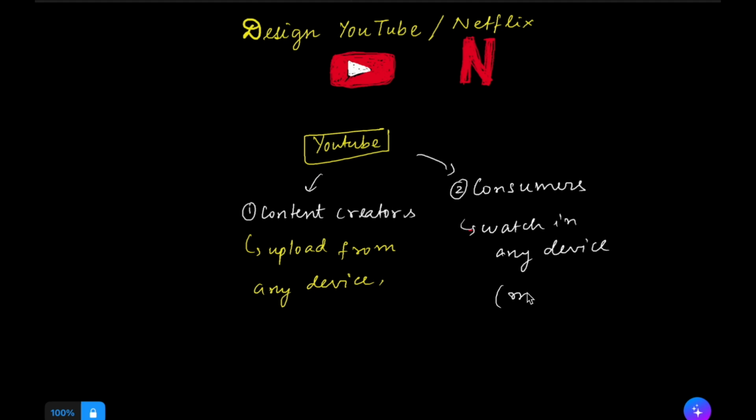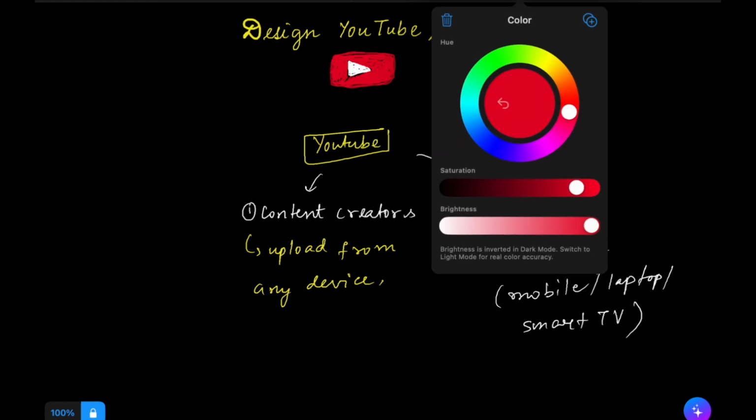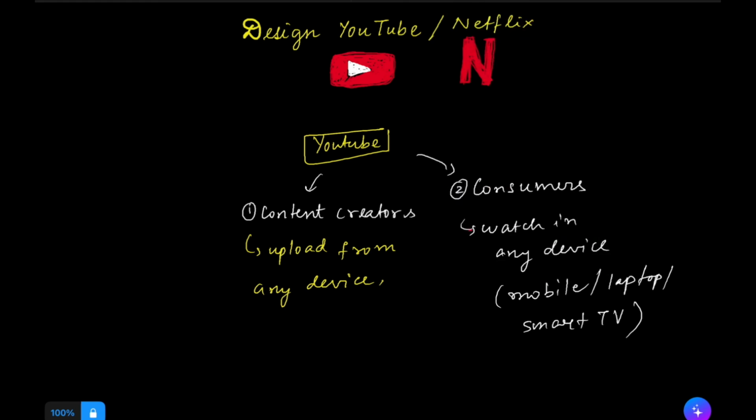It can be a mobile or a laptop, etc., or a smart TV, some such kind of applications. So our system design should support these multiple devices and multiple formats, to enable the content creators to upload the videos and also the consumers to watch the videos. So this is our functional requirement.